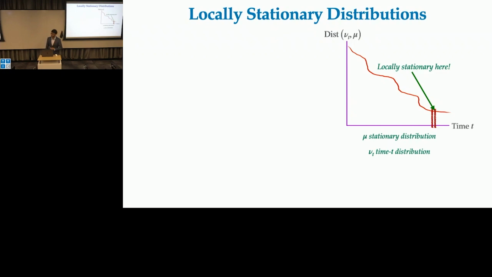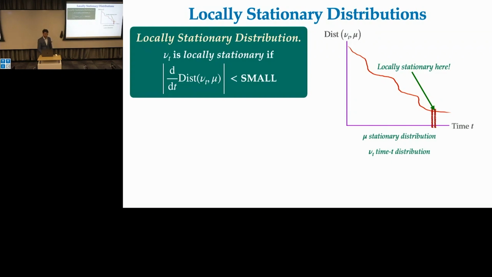And our insight is that the distributions you encounter on these plateau regions have useful structural properties that make them useful for inference. So just to give you all a more complete definition, I'm going to say that the distribution you have at time t is locally stationary if the derivative of your distance to the stationary distribution is small.